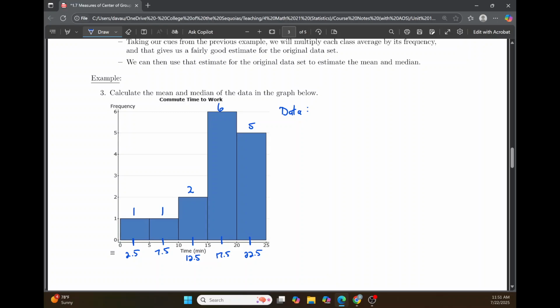But our best guess is that the data set would have been 2.5, 7.5, 2 12.5s, 6 17.5s, and then 5 22.5s.